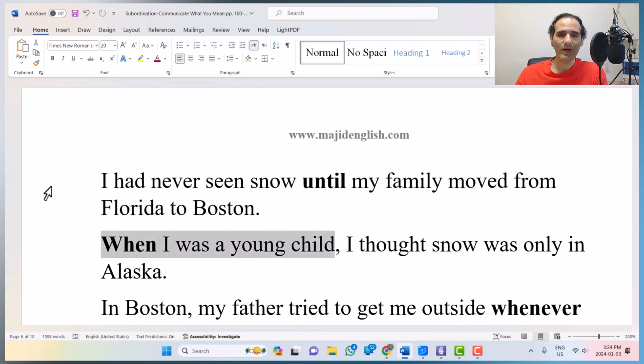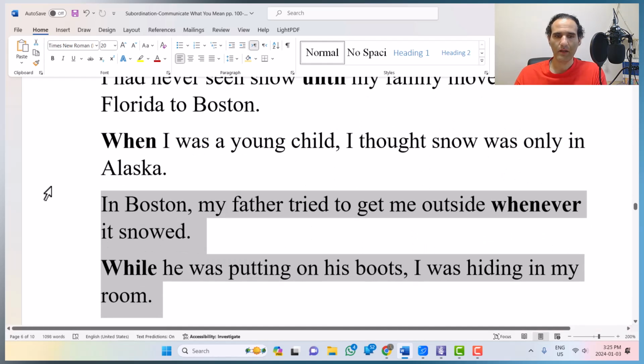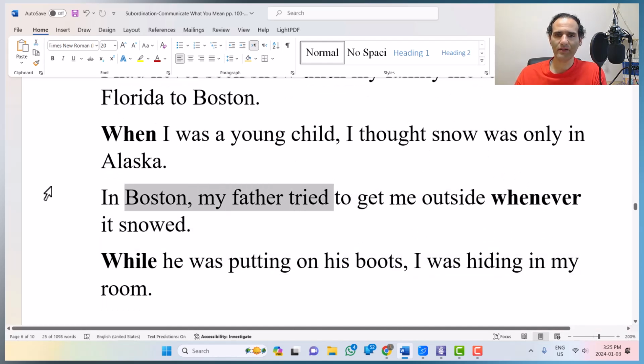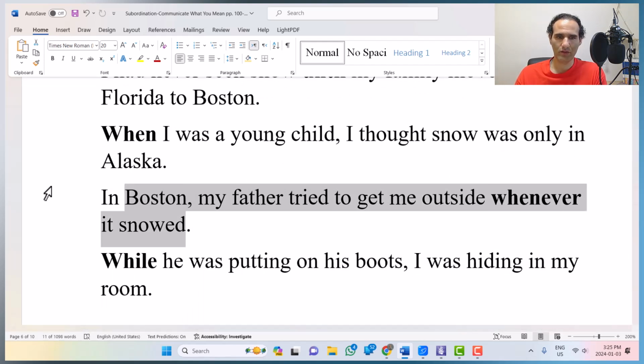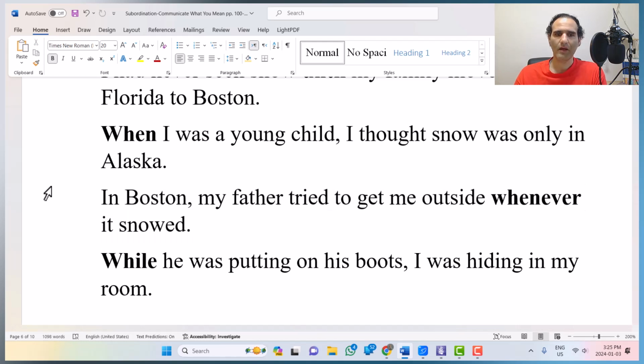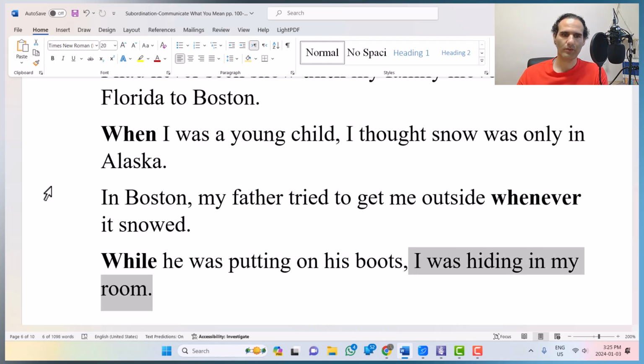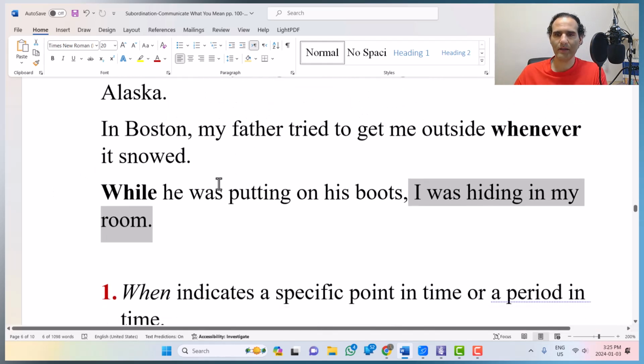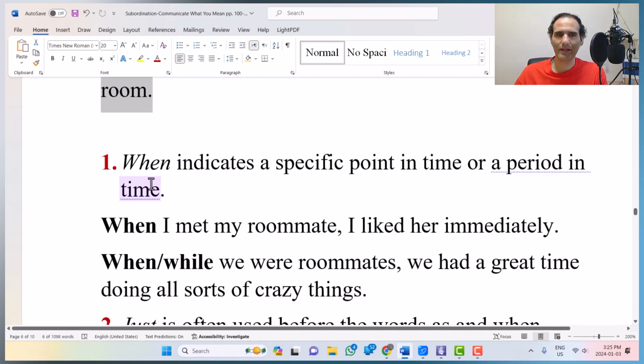When I was a child, I thought snow was only in Alaska. So, comma again. In Boston, my father tried to get me outside whenever it snowed. No comma. While he was putting on his boots, I was hiding in my room. Okay? So you kind of got the story of independent and dependent clauses together.